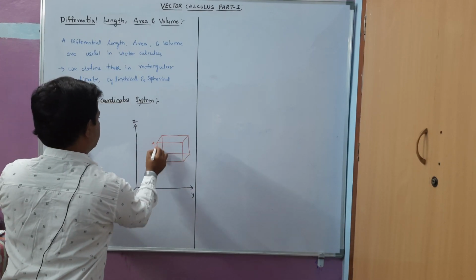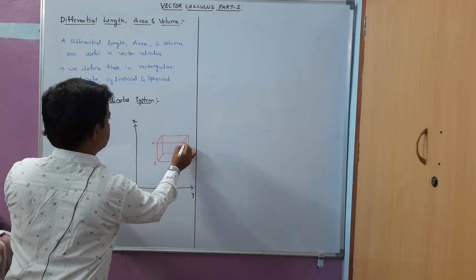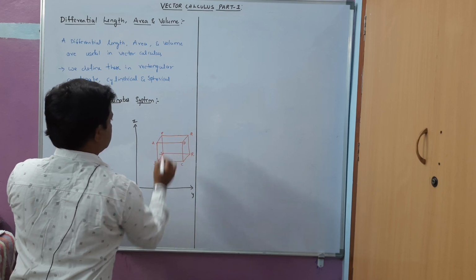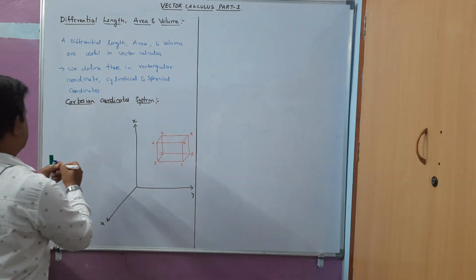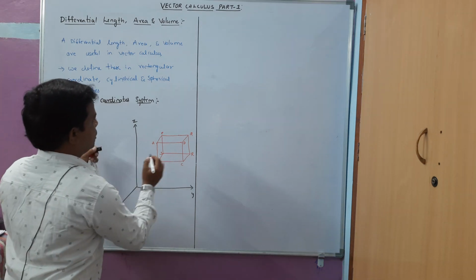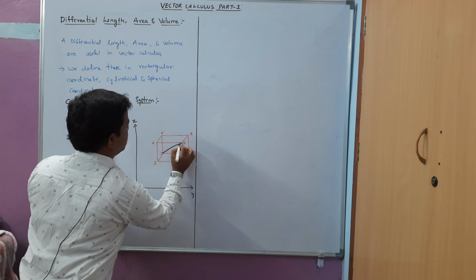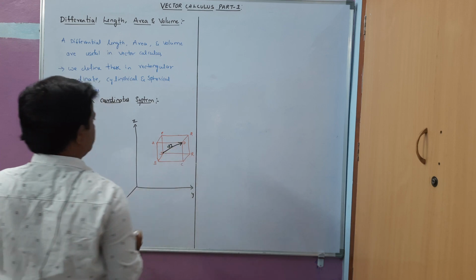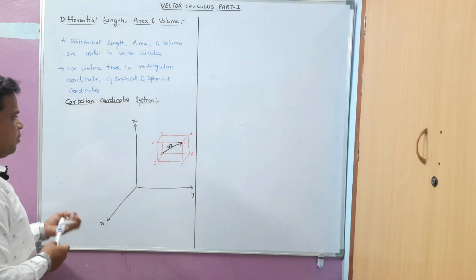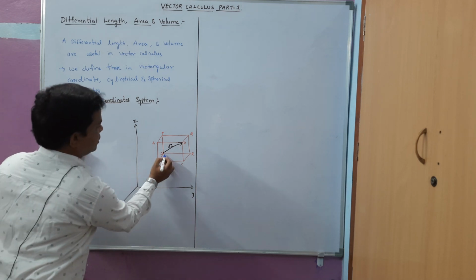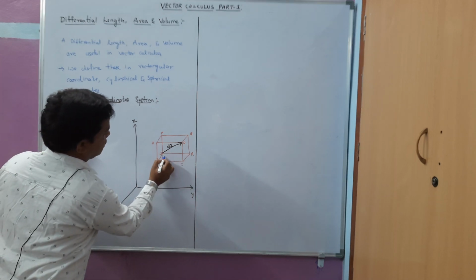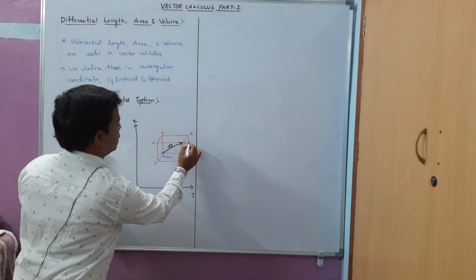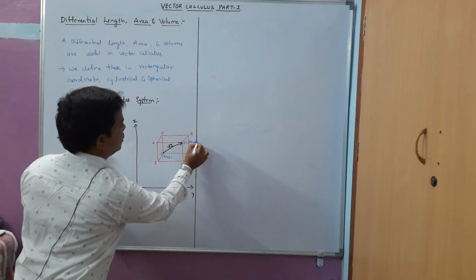Let me label the points A, B, C, D and P, Q, R, S. Now I want the displacement vector from this point to this point. I will draw a vector line here. This is the differential length, dl. The point S is x, y and z, and the displaced point is at dx, dy, dz.